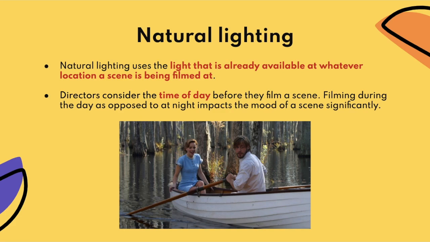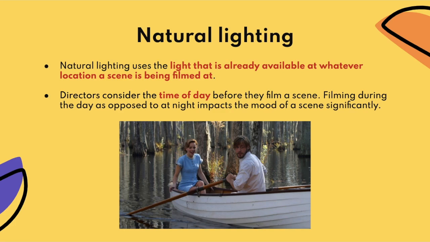Oftentimes, Tim Burton films much of the movie and much of the neighbourhood scenes during the day. So it's very bright, and that really bounces off well with the pastel-coloured neighbourhood and houses. Whereas near the end of the movie, when Edward is very much an outsider and is chased out of the neighbourhood, Tim Burton films those sequences during nighttime.